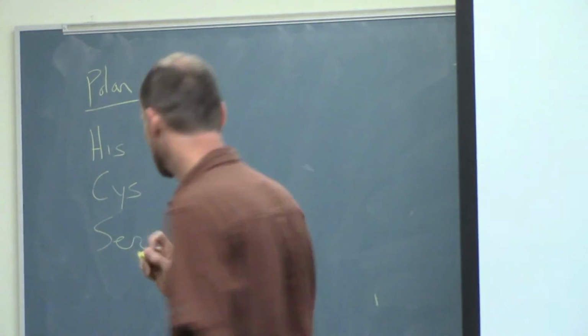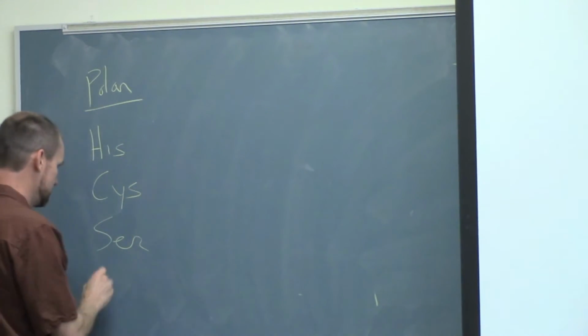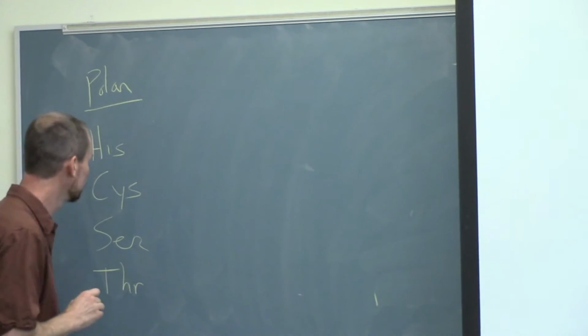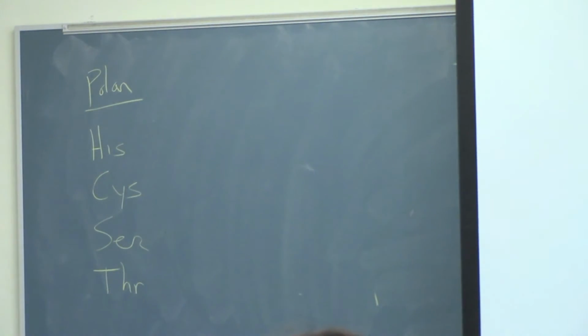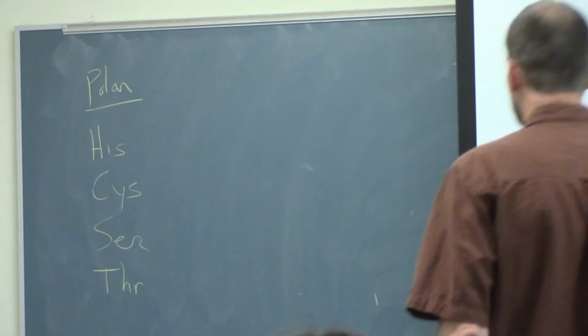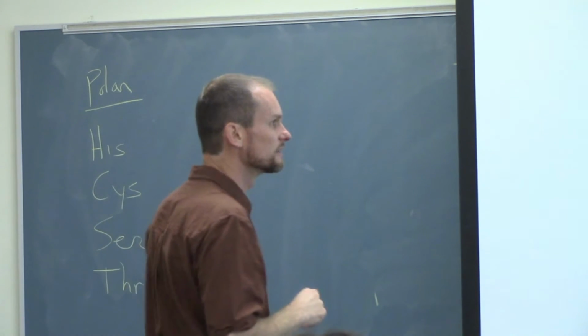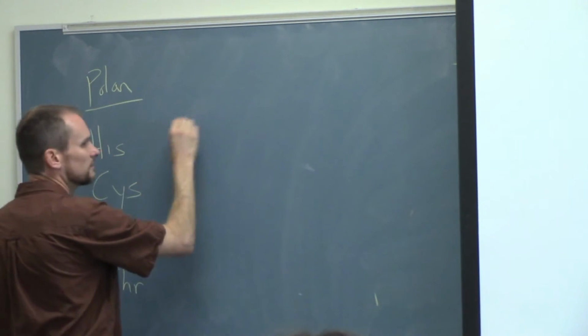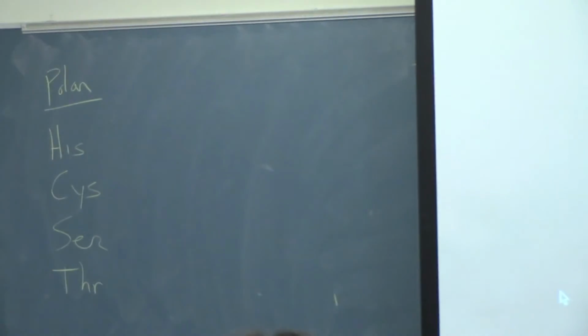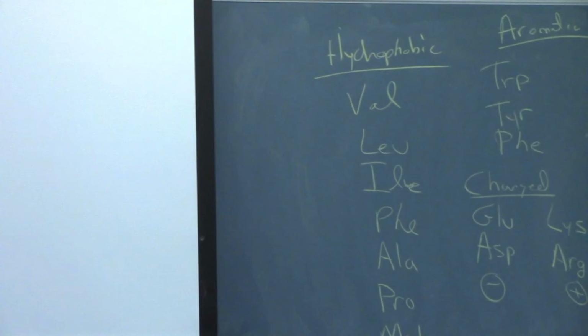Add another CH2 group to serine. Okay, how many do we have so far? 6, 7, 8, 9, 10, 11, 12, 13, 14. Wow, we're missing a few. Missing methionine. It's kind of hydrophobic.